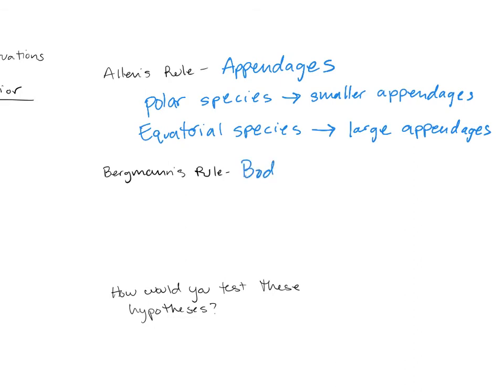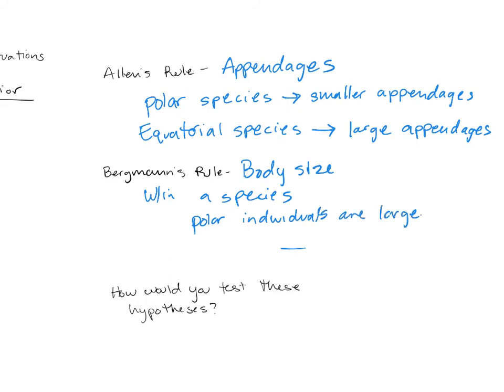Bergman's rule is body size, so this is within a species. You will find that individuals that are polar are larger in body size than equatorial.